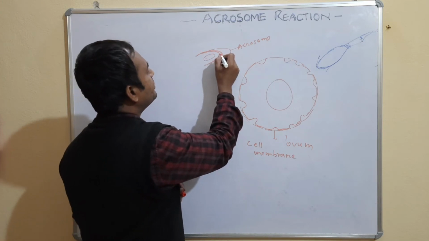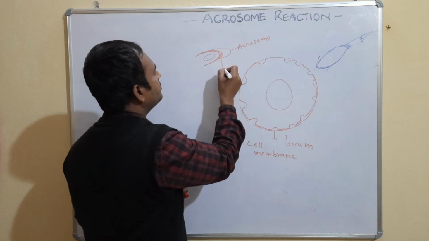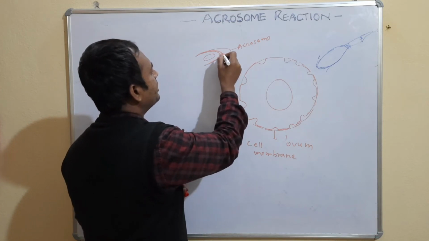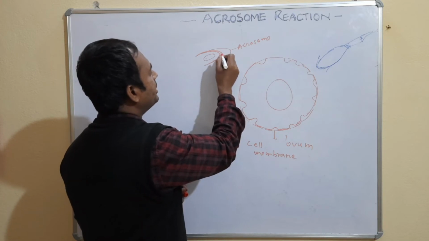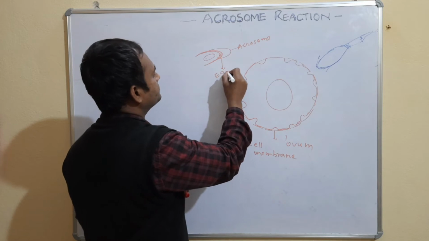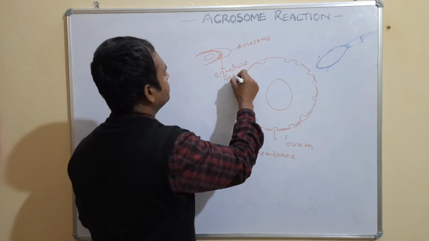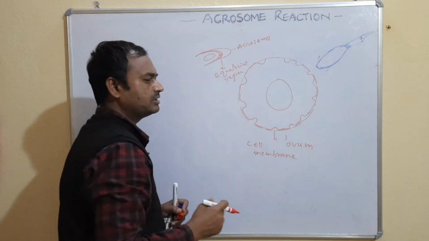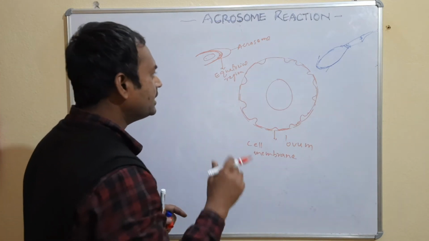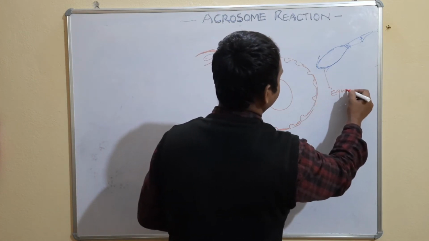The space between the inner part of the acrosome and the outer part of the sperm is called the equatorial region.